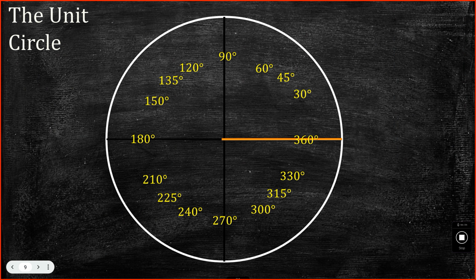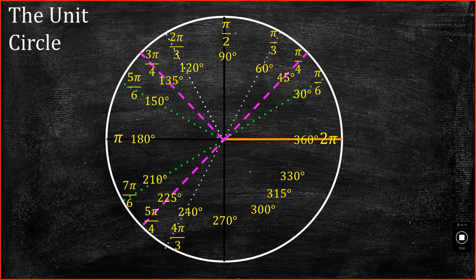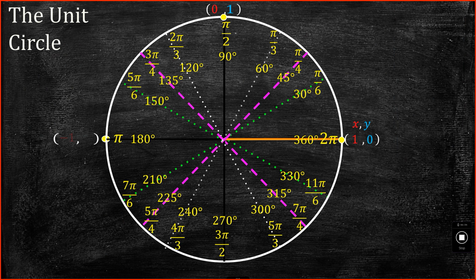You don't have to copy this down, but let me remind you of the unit circle, which you should already know. That's in degrees, and then we have these in radians. You have pi, 2 pi, pi by 6, pi by 4, pi by 3, pi by 2, and on and on, and how to get those. Then we have (1, 0), (0, 1), (-1, 0), (0, -1), and then everything over 2.